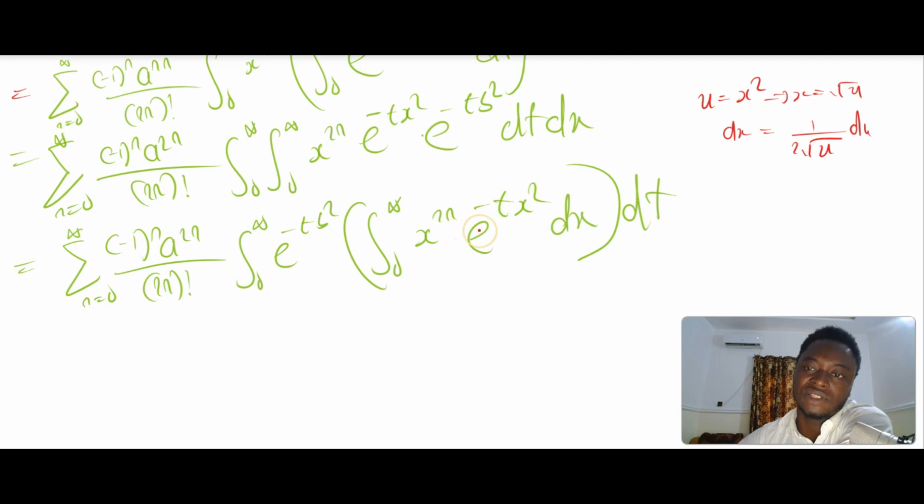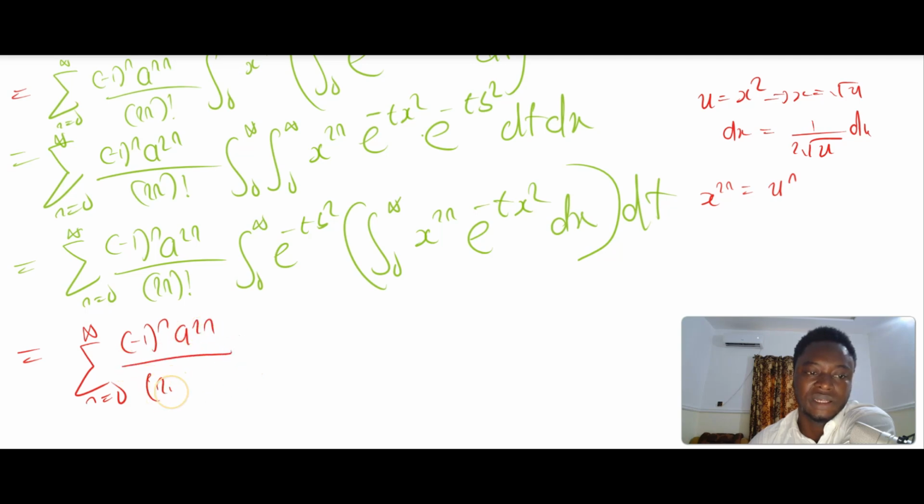But what about x to the 2n? Well, x to the 2n is going to be u to the power of n. So we can write the sum as n runs from 0 to infinity of negative 1 to the n, a to the 2n divided by 2n factorial, times the integral from 0 to infinity of e to the negative t b squared.